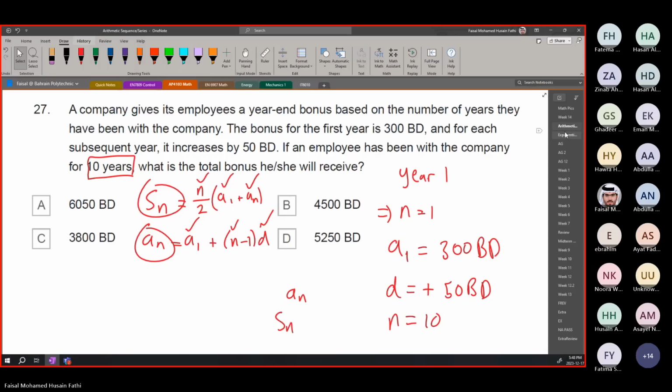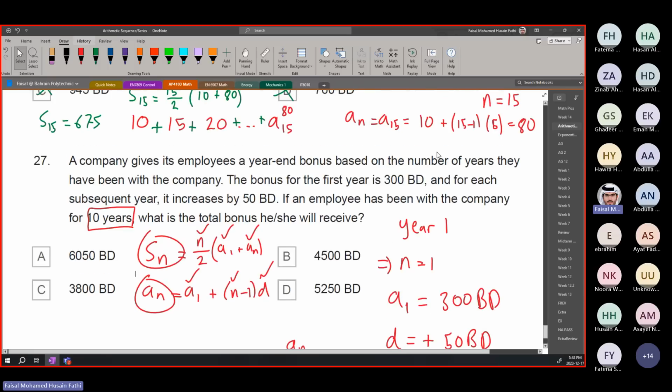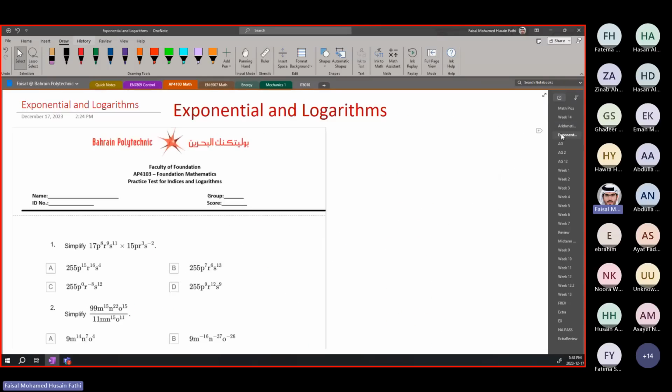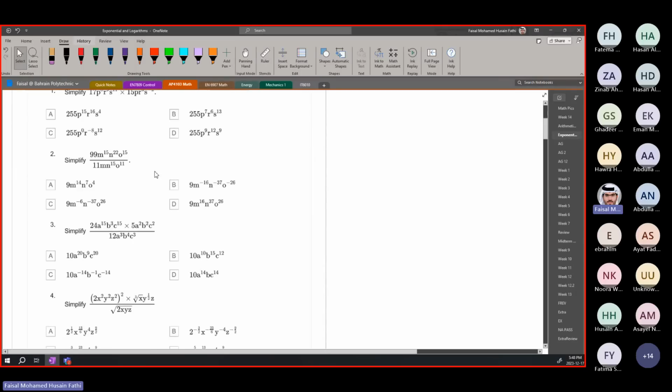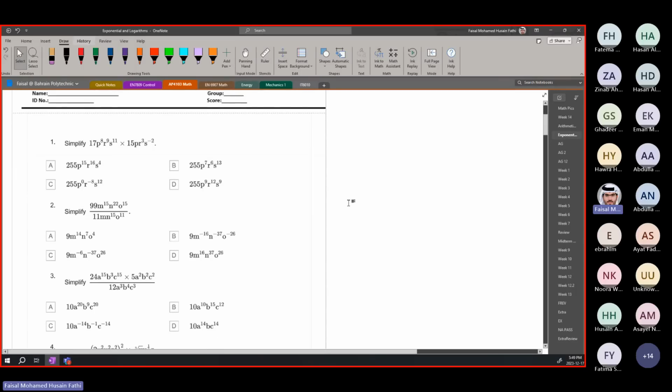All right. Let's move on to exponentials because time is running a little quickly and I want to start solving these that look a bit complicated and I didn't really cover too clearly last time. All right. So let's start with number 1.